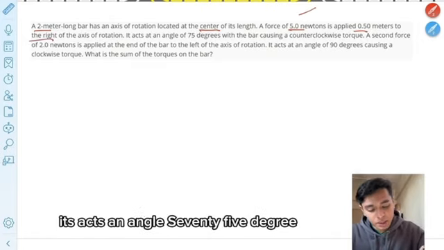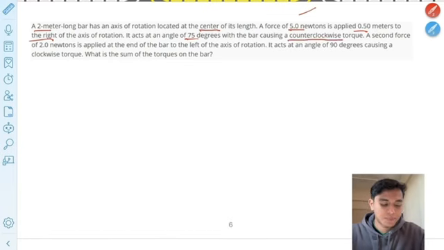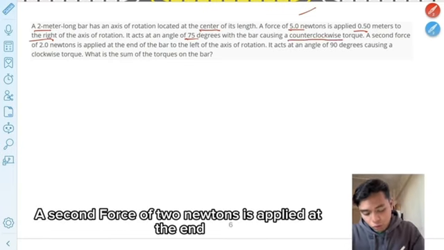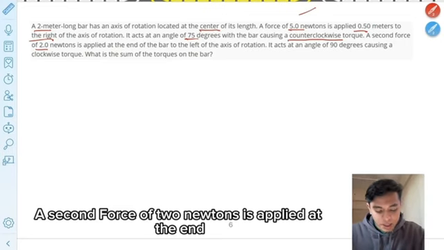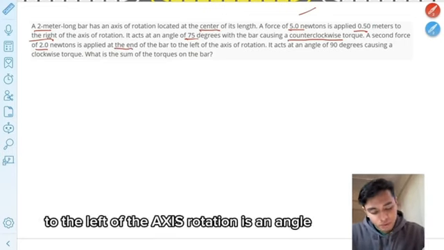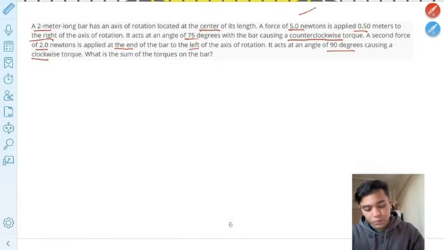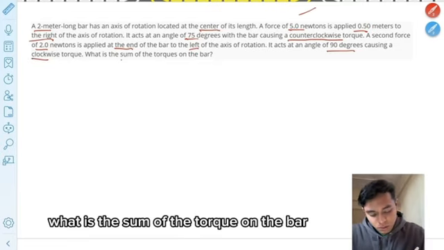It acts at an angle of 75 degrees to the bar, causing a counterclockwise torque. A second force of 2 newtons is applied at the end of the bar to the left of the axis of rotation, at an angle of 90 degrees, causing a clockwise torque. What is the sum of the torque of the bar?